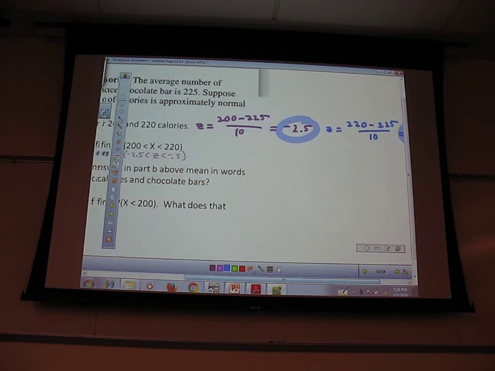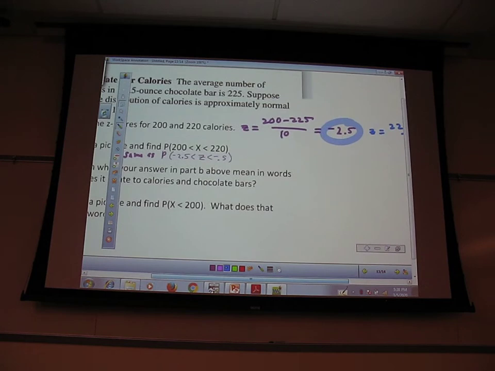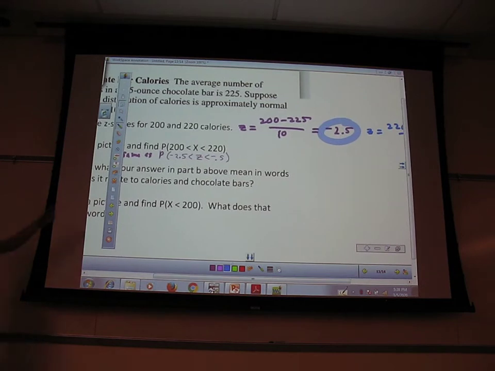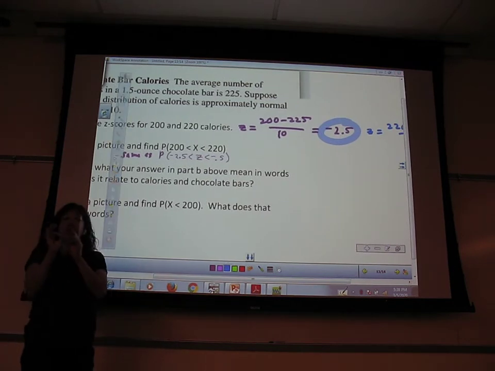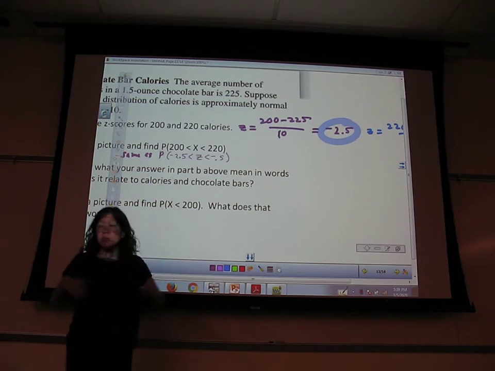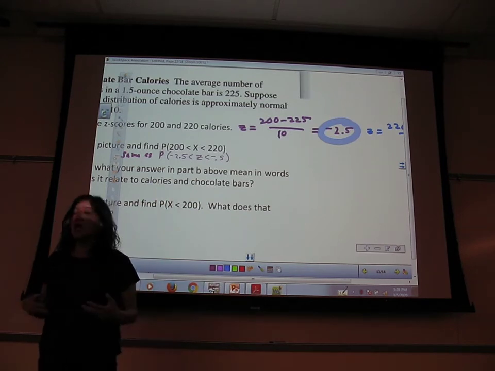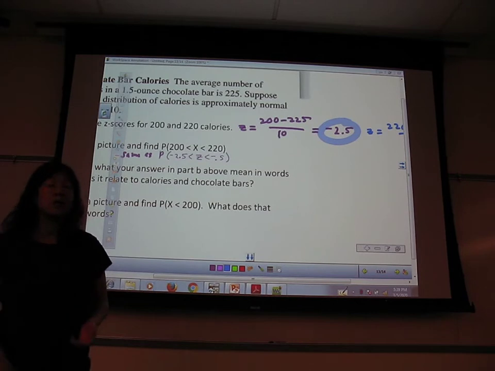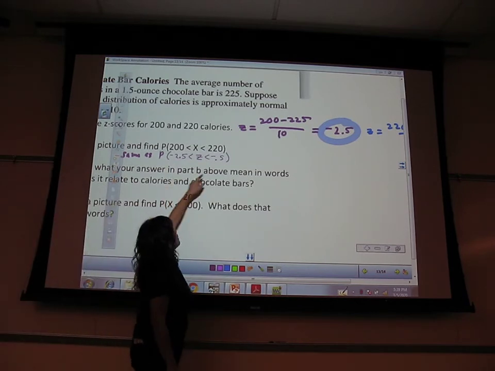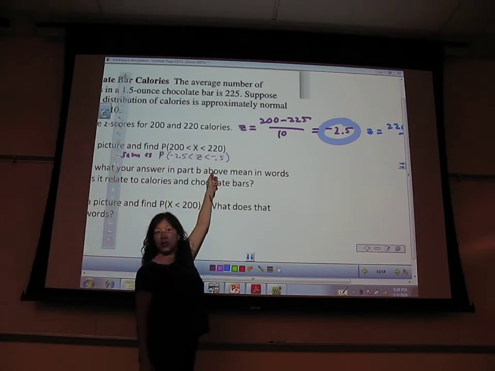The next thing we're asking is to find the probability that x is between 200 and 220. So everybody look up for a second. The probability x is between 200 and 220 is the same thing as the probability that z is between the z-score for 200 and the z-score for 220. Do you guys see what I'm saying?